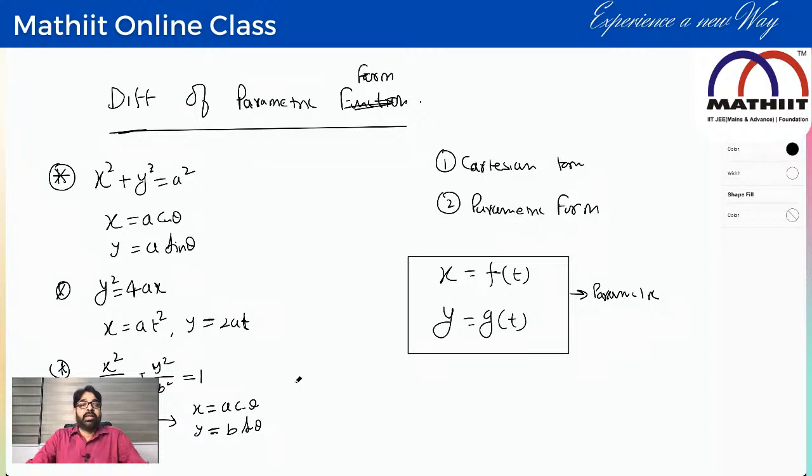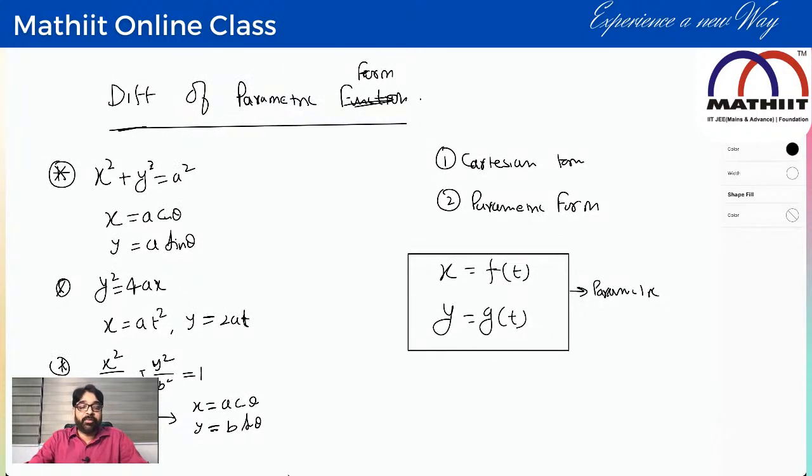Now the question arises: whenever a parametric form is there, can I do differentiation of it or not? Yes, we can do differentiation, but in a slightly different way. We will do only fundamental things. For a typical question, whenever it comes, you can do it in the same way. Don't try to change the method.